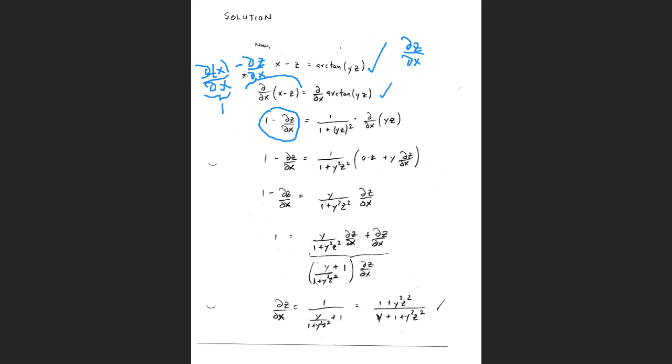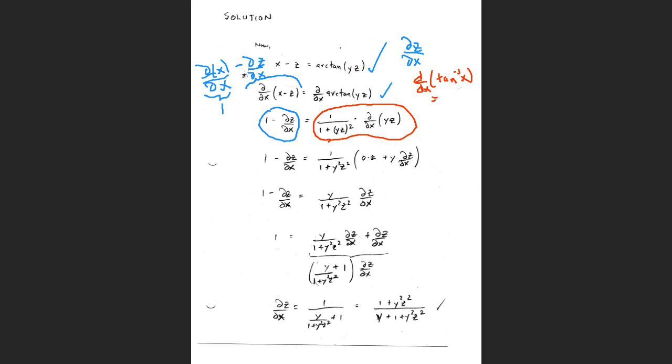Now on the right side, I'm taking the partial derivative of this arctan function with respect to x. What rule are we utilizing here? If we just think about the derivative of the arctangent, that's right, Alberto, very good.